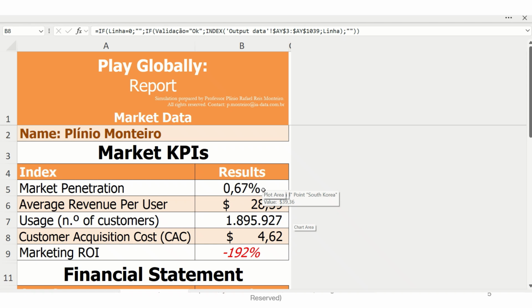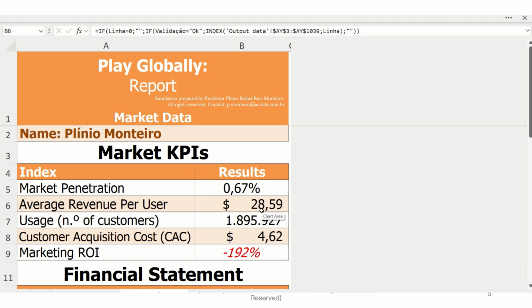In my case, no matter the number that I used, the result I achieved was 0.767% of market penetration. And also the average revenue per user, now the actual number. So no matter the number that I entered, I achieved $28 of average revenue per user.